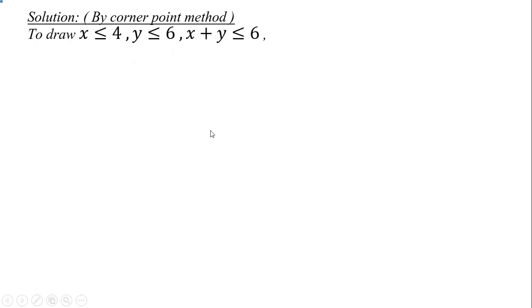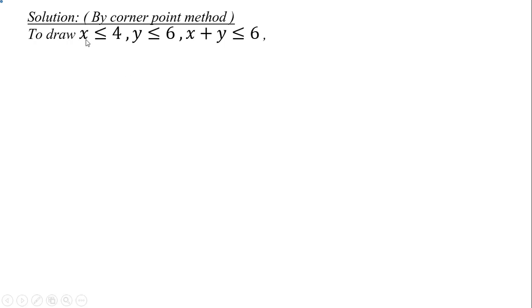And these three lines will divide the given plane in two half planes. One half plane is origin side half plane and other is non-origin side half plane. And using the constraint, we have to decide which half plane is solution set of each of these constraints, and then we will find common solution set of these three constraints.